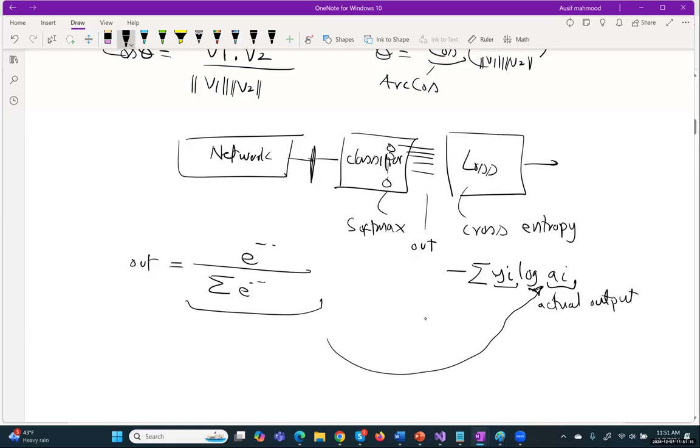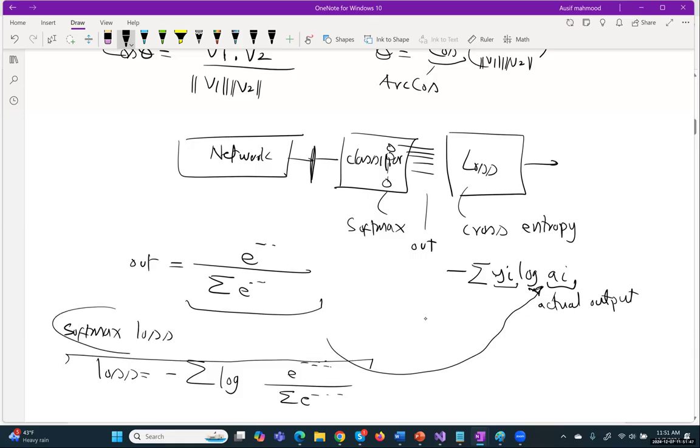So as you can see, our loss will become, roughly, to get an overall idea, something minus log of e to the something over some e to the something, okay? So sometimes we refer to this as a softmax loss.